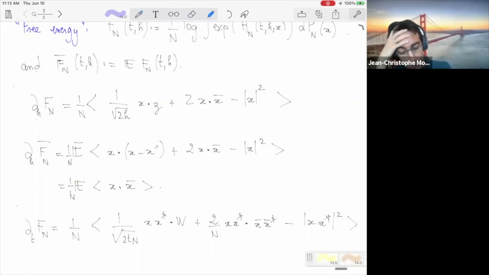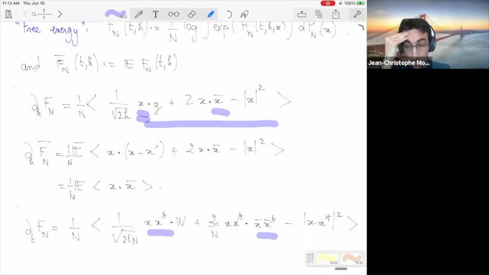I do this because I want to display that it's really exactly the same structure as here. The only difference is that whenever you had an x, now you have x star, x bar star, etc. And the noise z is replaced by w, but otherwise it's exactly the same.